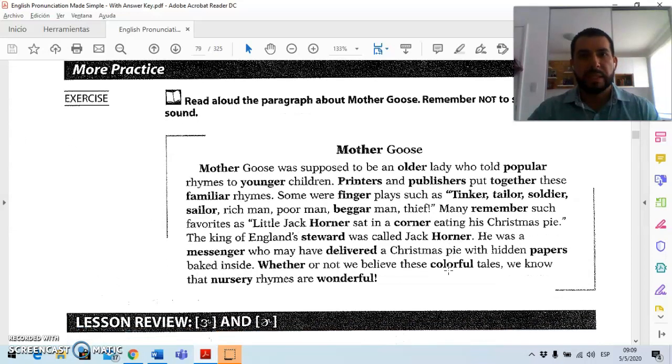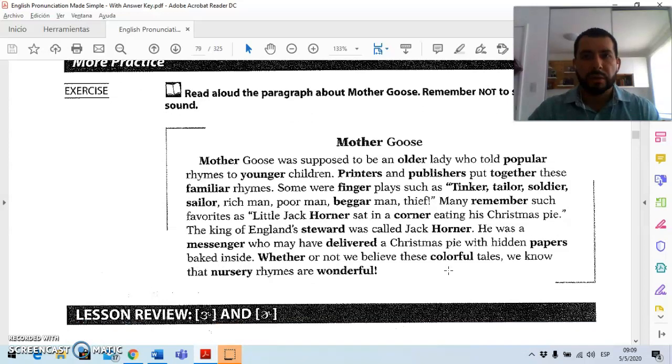The mid, central, lax, unrounded vowel. Mother Goose. Mother Goose was supposed to be an older lady who told popular rhymes to younger children. Printers and publishers put together these familiar rhymes. Some were finger plays such as tinker, tailor, soldier, sailor, rich man, poor man, beggar man, thief.